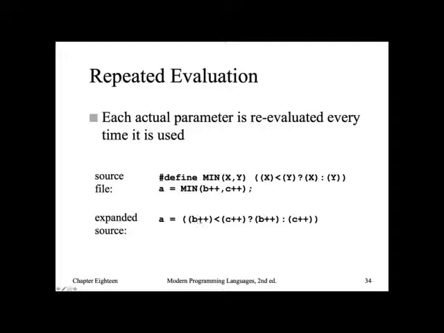Then I'm going to see if the incremented B is less than C. After having looked at it, I think, no, maybe the parens are going to say increment B, and then I've got to increment C before I do this compare. I think that must be it. And if incremented B is less than incremented C, then I return literally another incremented B, otherwise another incremented C.